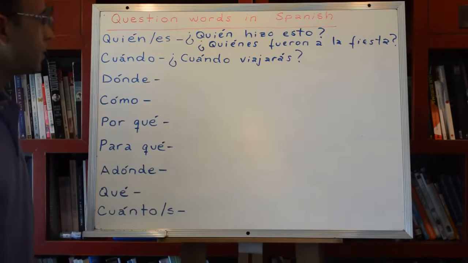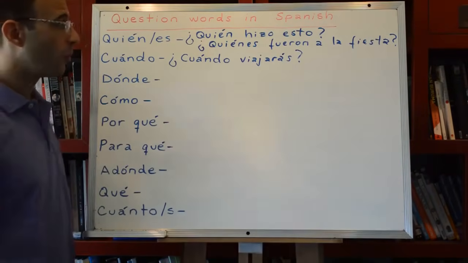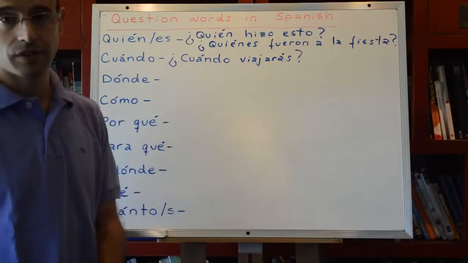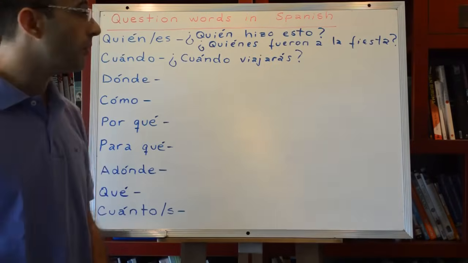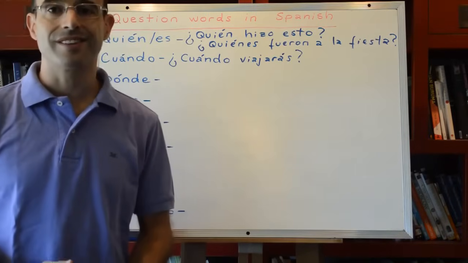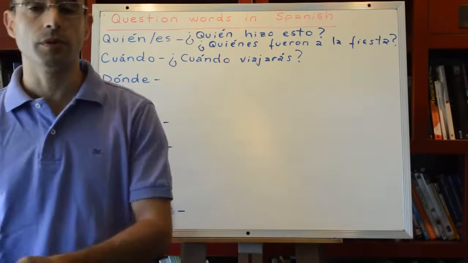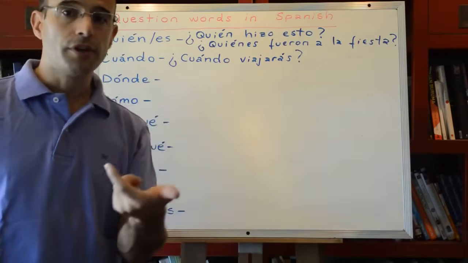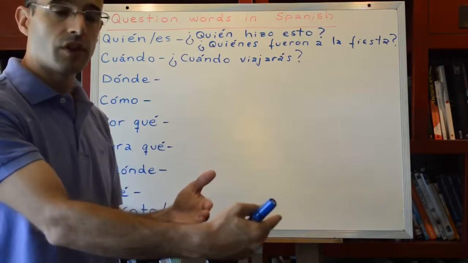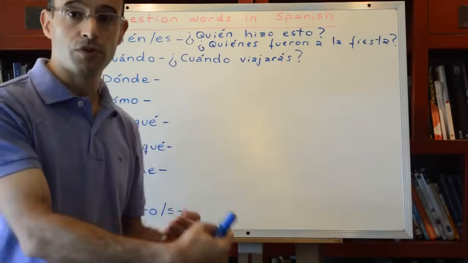Remember, in Spanish, we not only use the closing question mark, we also use the opening question mark at the beginning of the sentence. This is important because we do not change the structure of the sentence in question sentences in Spanish, okay? In English we do. In English we invert the order of the subject and the verb, right? So when we are reading, suddenly we see that the sentence begins with the verb and not with the subject.